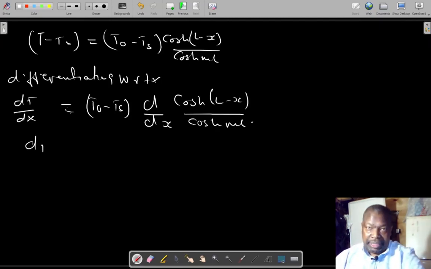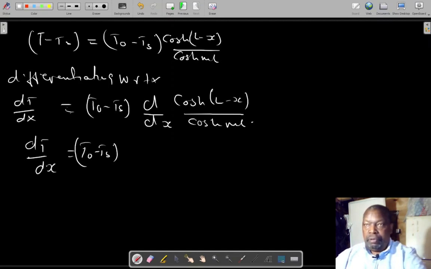So dT by dx is equal to (T naught minus Ts) times the derivative of cos hyperbolic (L minus x), which is minus sine hyperbolic (L minus x).